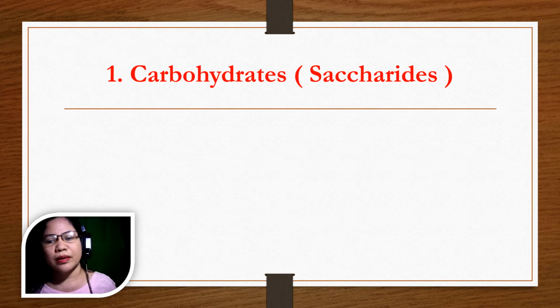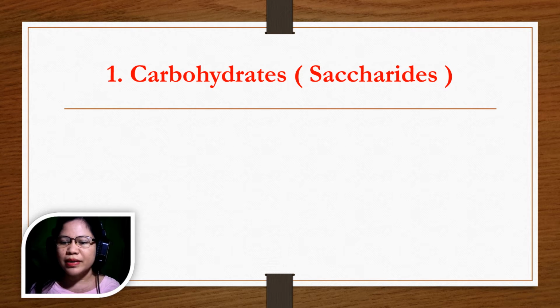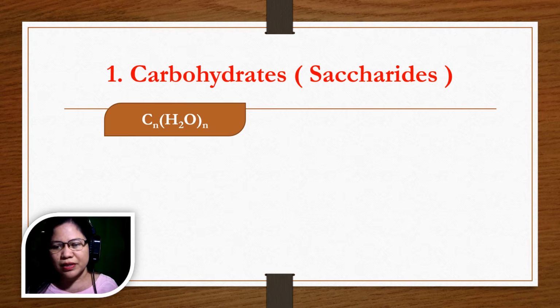Okay, the first macromolecules that we'll be discussing today are the carbohydrates, which we also call saccharides. The word carbohydrate can be broken down into two, carbon and hydrates. Why? Because most carbohydrates follow this formula: C subscript n, open parenthesis, H2O, close parenthesis, times n.